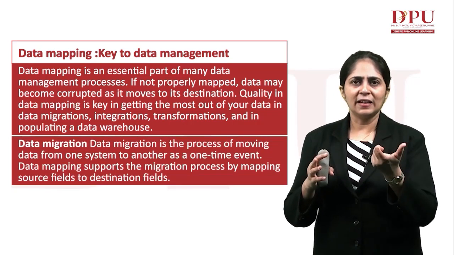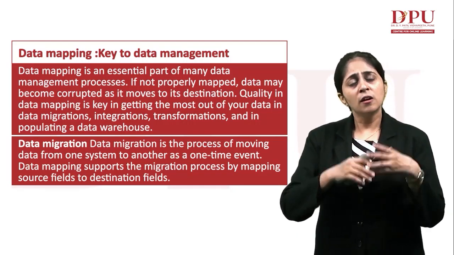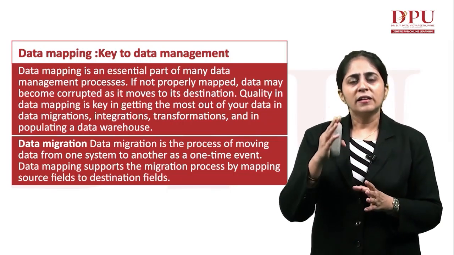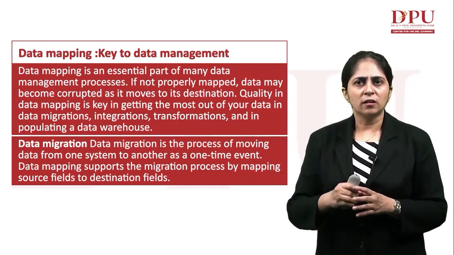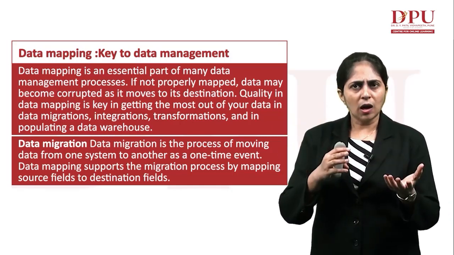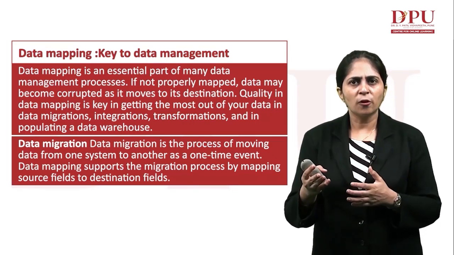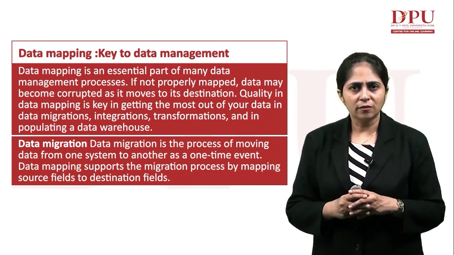Data migration, as the word indicates, means moving from one place to another. A similar meaning is used here. It is a process of moving data from one system to another as a one-time event. Data mapping supports the migration process by mapping the source field to the destination field.